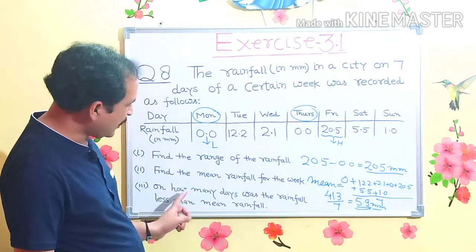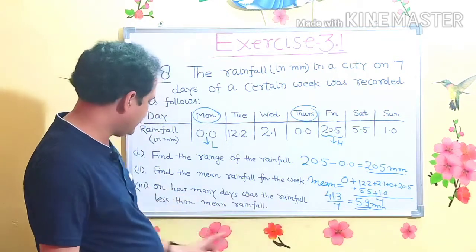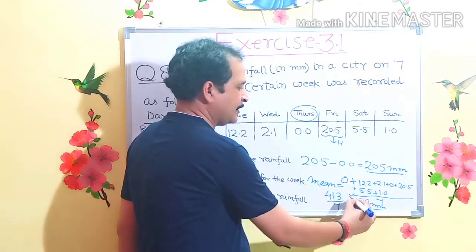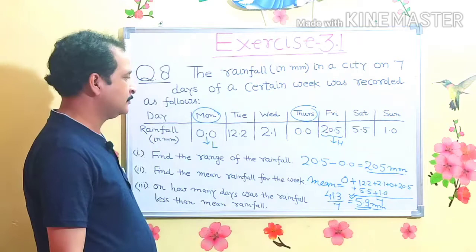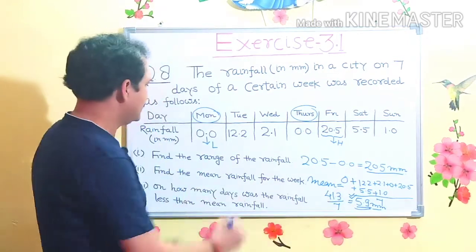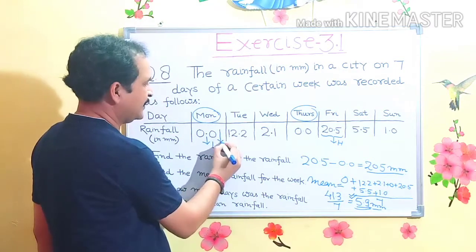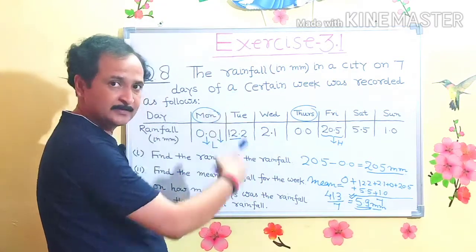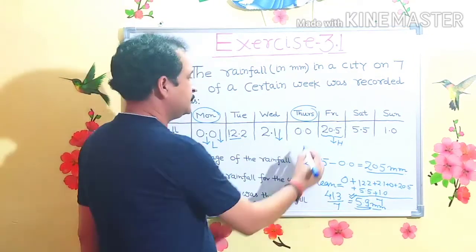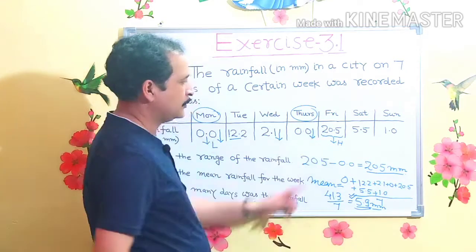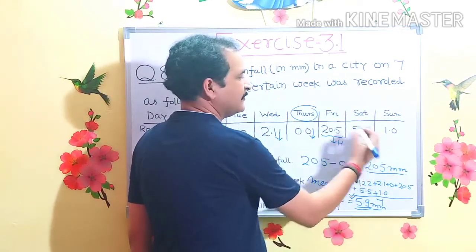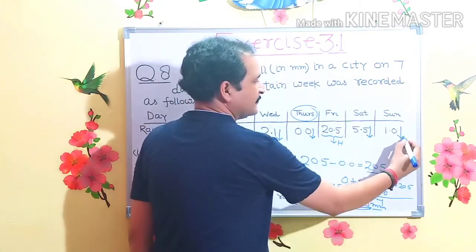Third part, on how many days was the rainfall less than mean rainfall? The mean rainfall is 5.9 mm. So how many days is the rainfall less than 5.9 mm? This 0 less than 5.9, 12.2 greater than 5.9, 2.1 less than 5.9, 0 less than 5.9, 20.5 greater than 5.9, 5.5 less than 5.9, and 1 less than 5.9.